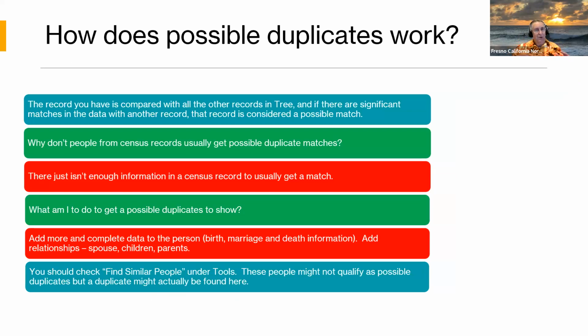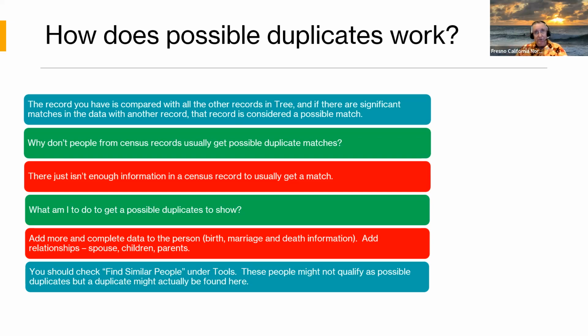Okay, so how do these possible duplicates work? Again, it's an all mathematical system. They're comparing the records you have with the records that are out there in the tree and trying to find a real consistent record that appears to be just like the one you have. And they have a rating system.